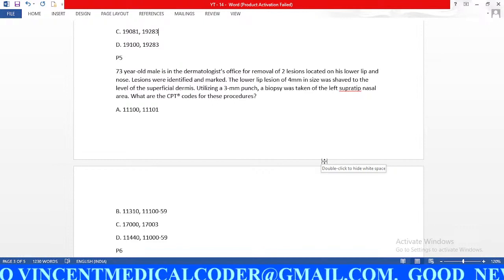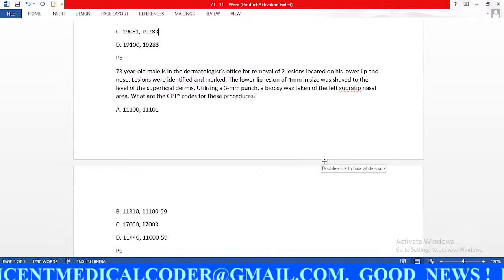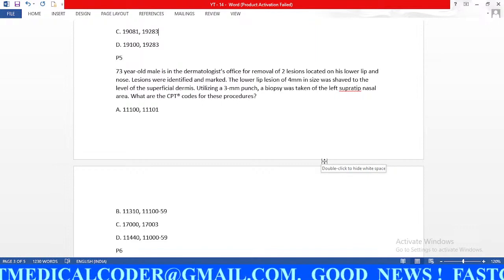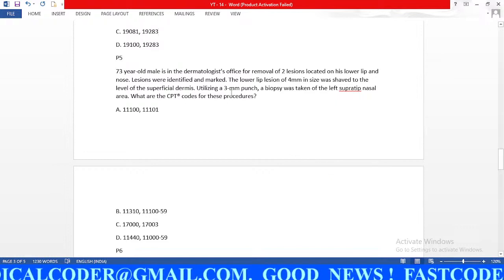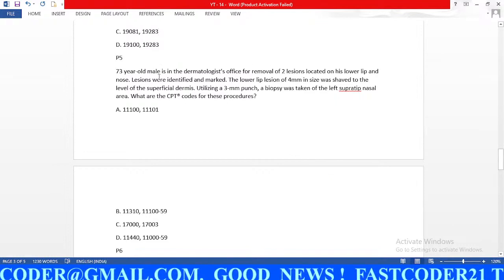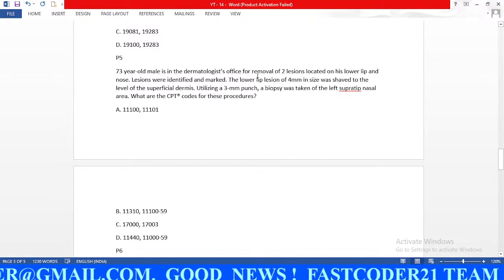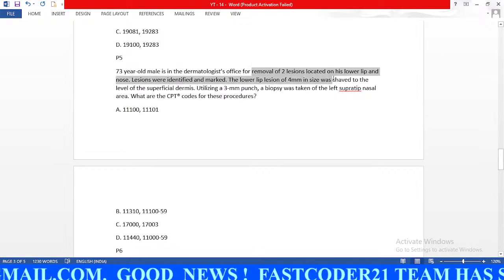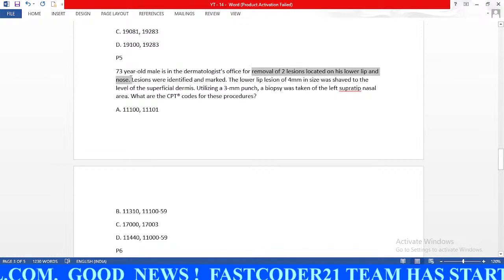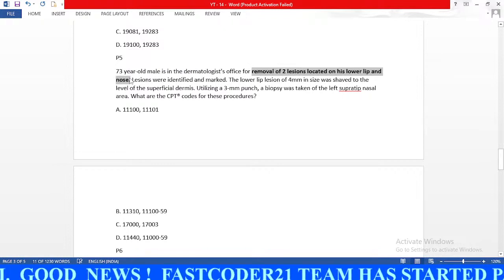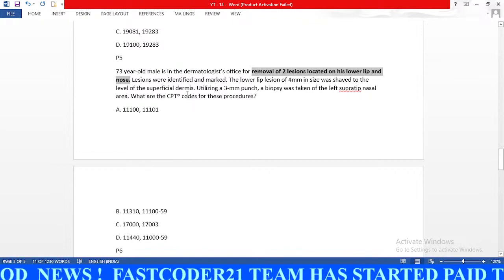So we will check the answer now. What are the keywords here? A 73-year-old male is in the dermatologist's office for removal of 2 lesions located on the lower lip and nose. So here we need to find the locations. Lesions were identified and marked.